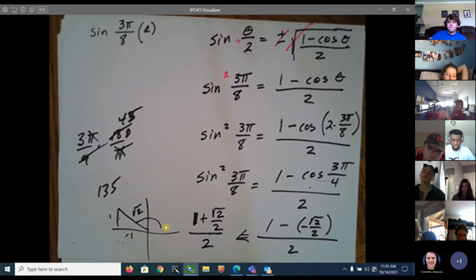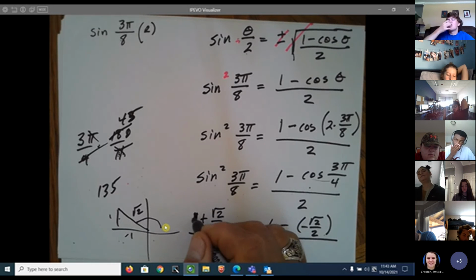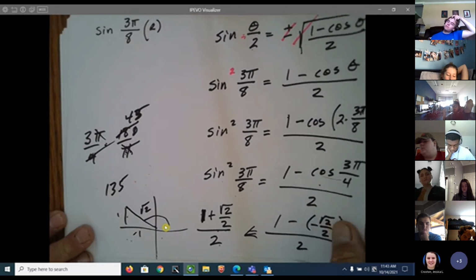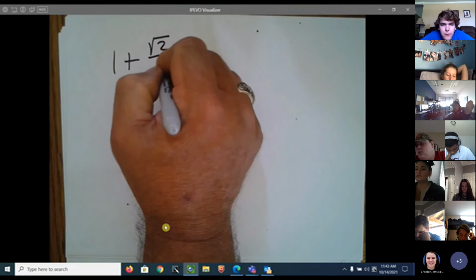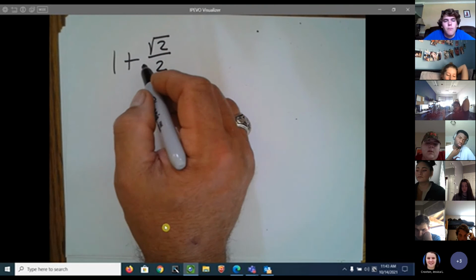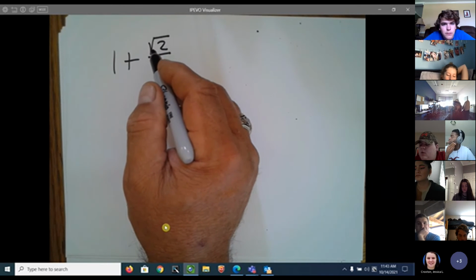The only thing is, they could make that into a 4 and make that into a 2, but I don't think they're going to do that. I'm running out of room here, so let me go to the next page. 1 plus the square root of 2 over 2, all over 2.